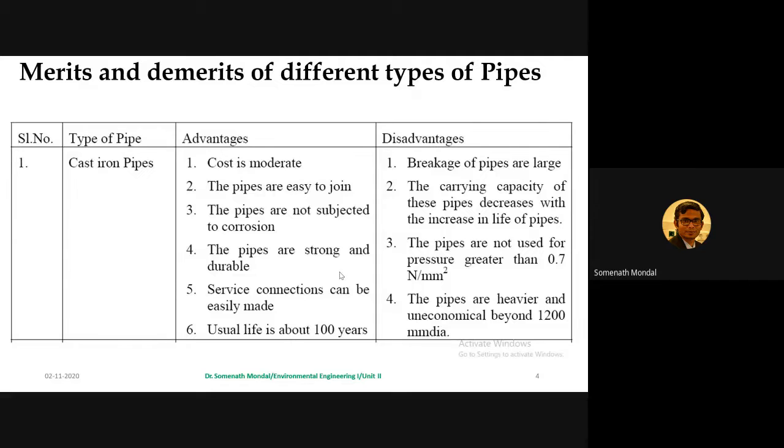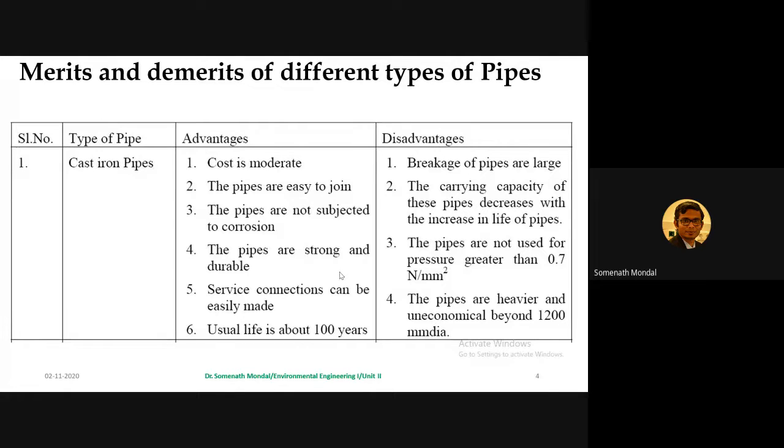And they are resistant to corrosion, so it is not very easy to get them corroded, and they usually have very long life. So 100 years is huge. When you are planning a water supply scheme, all the other design components may have 30 years, 40 years, whereas these CI pipes will have a life of 100 years.